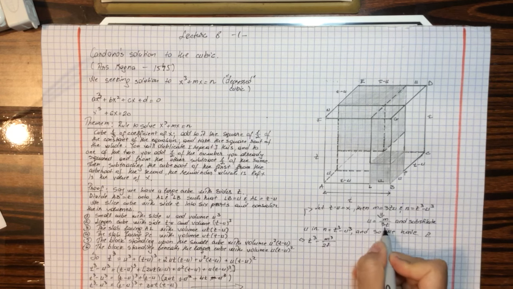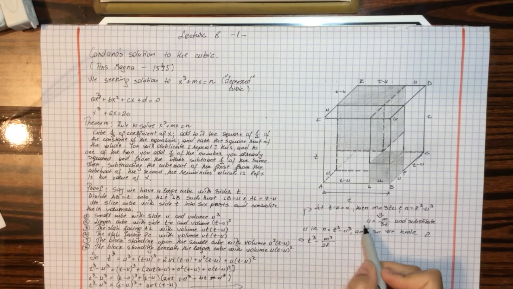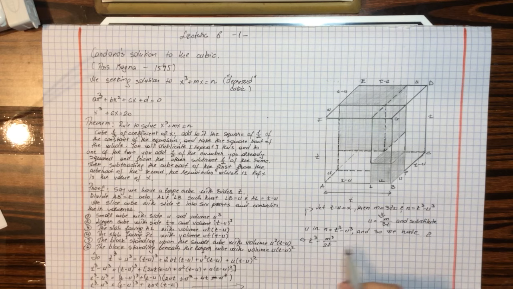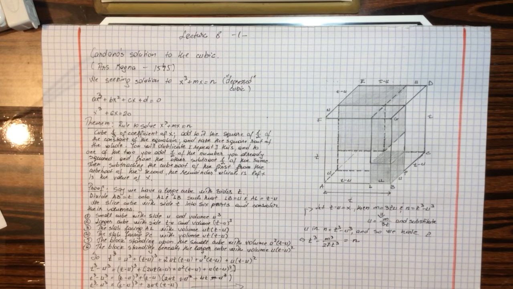That's 27 because you are cubing this. You're letting u be equal to m over 3t here, but you are cubing the u, so that will be m to the third times 27t to the 3. And we're saying that is equal to n.